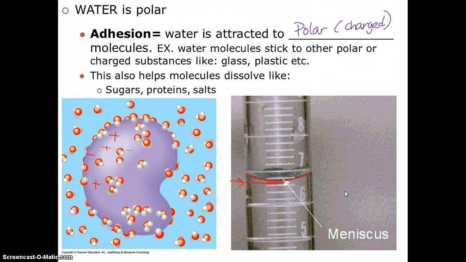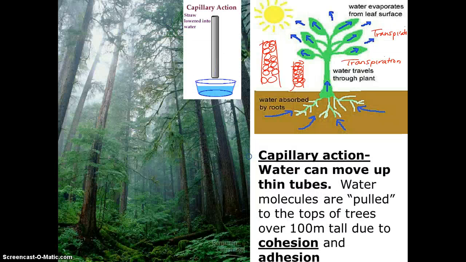This also helps because water is polar. Molecules that are polar dissolve, like sugars, proteins, and salts. Water sticks to water, that's cohesion, and water sticks to polar surfaces, that's adhesion. When they work together, it's called capillary action.